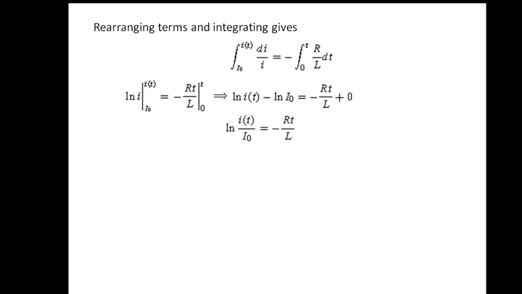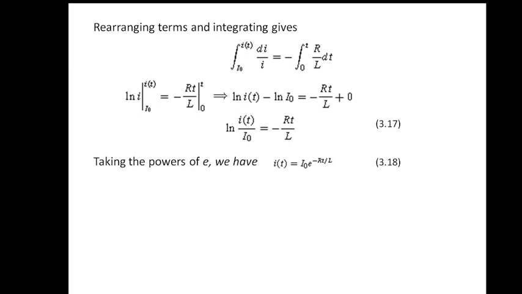Now, shift the ln to the right hand side, which becomes the exponential, right? So I of t by I naught equal to e power minus Rt by L. Therefore, I of t equal to I naught into e power minus Rt by L. That is the expression here. You see here, this is the solution for the circuit: I of t equal to I naught into e power minus Rt by L.